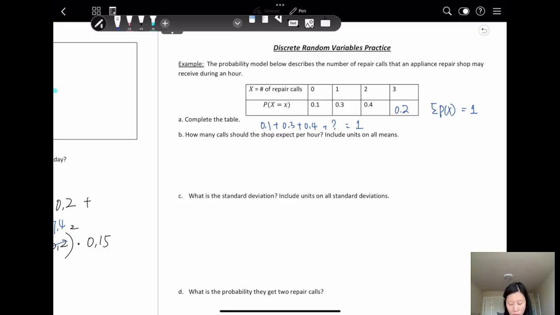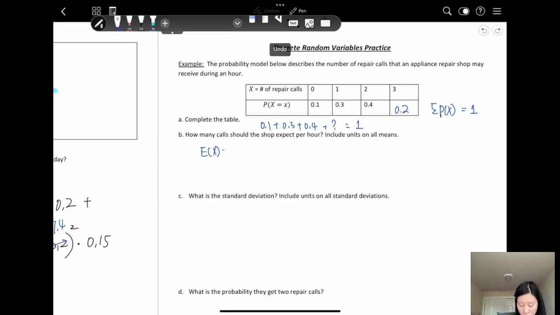So how many calls should the shop expect per hour, including units on all means? So now let's take a look. Remember how to find the expected value, or mean, or average.